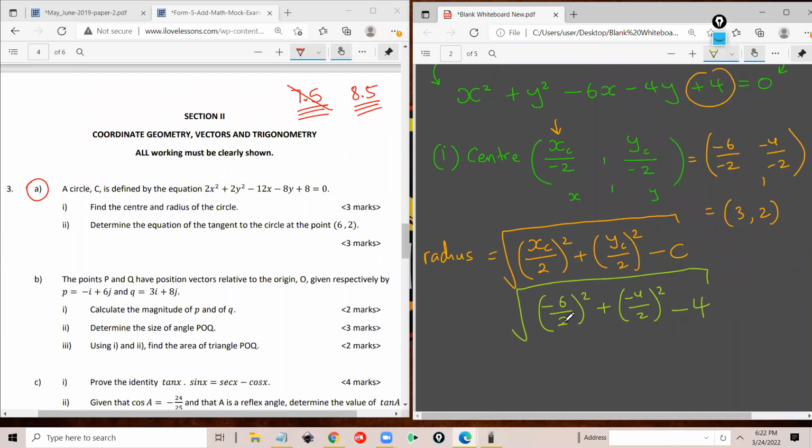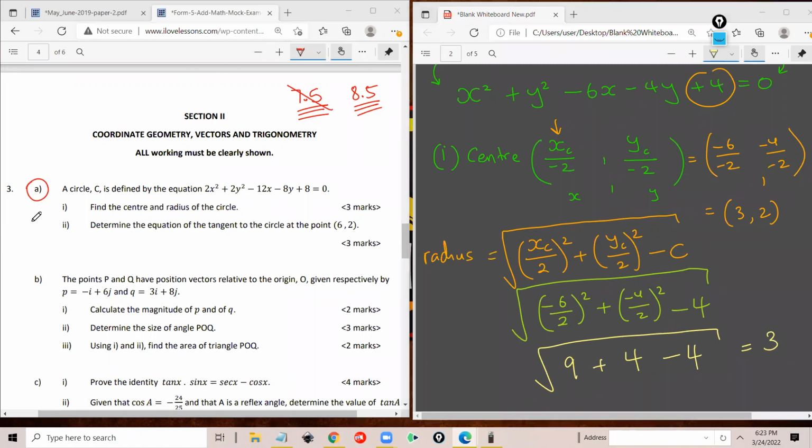Minus 6 divided by 2 is minus 3. Minus 3 squared is positive 9 plus minus 4 divided by 2 is minus 2. Minus 2 squared is positive 4 minus 4. Yep, the answer is 3. So the radius is 3. Right, just confirm it when you get it on your end.